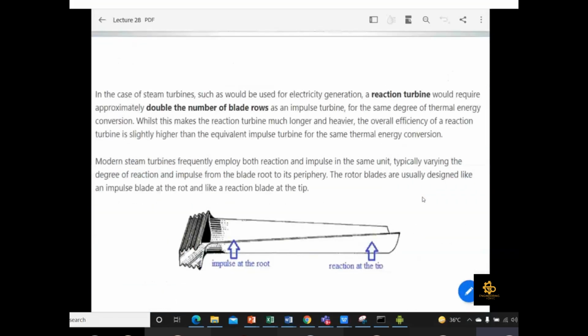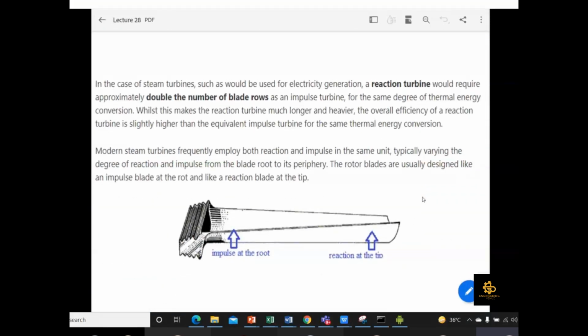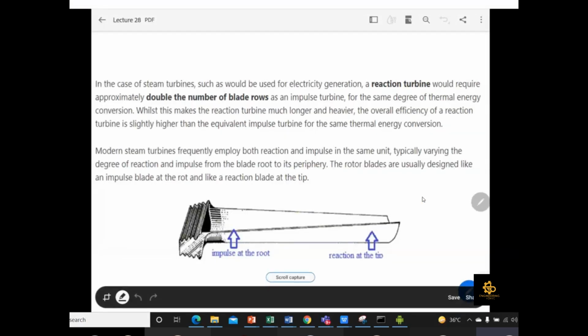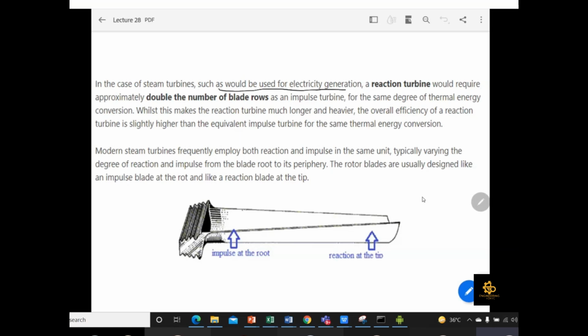Another thing, just for your information, is that in the case of a steam turbine, such as we use for electric generation, a reaction turbine would require approximately double the number of blade rows as an impulse turbine for the same degree of thermal energy conversion. While this makes the reaction turbine much longer and heavier, the overall efficiency of the reaction turbine is slightly higher than the equivalent impulse turbine.